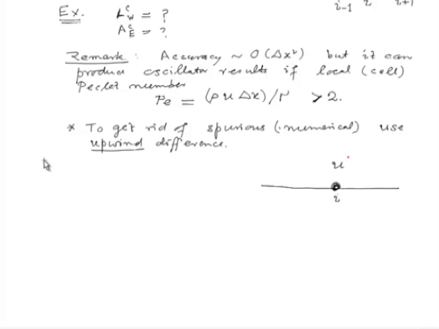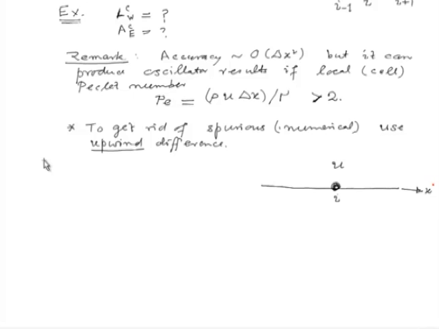Now, there are two possibilities. In the x direction, that u could be greater than 0 or less than 0. So, u greater than 0 would mean that flow is going from left to right.